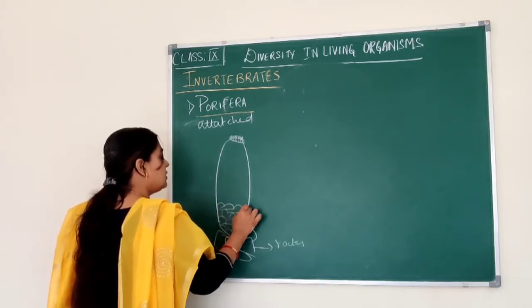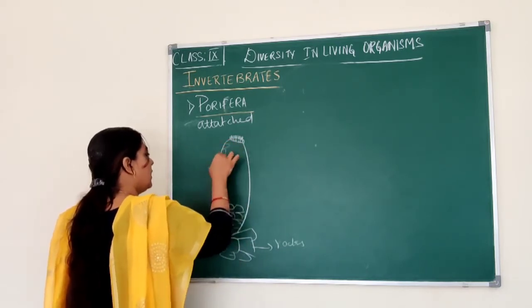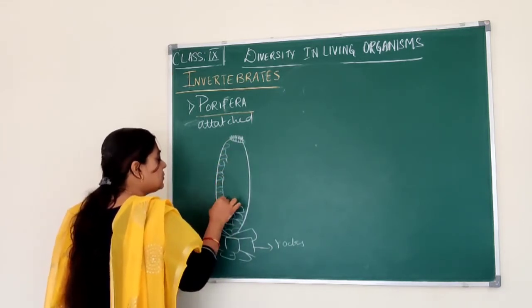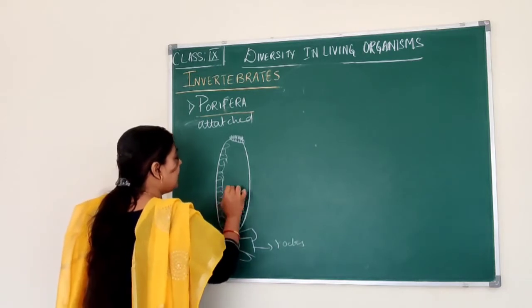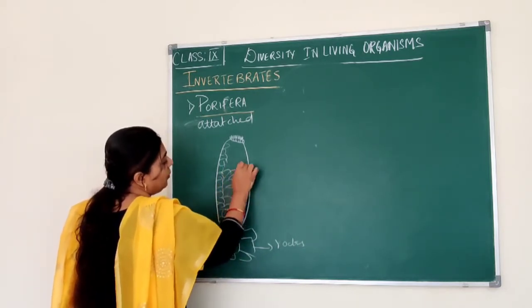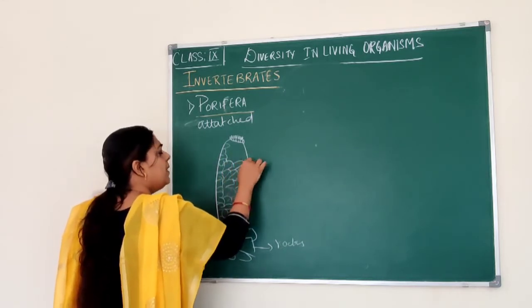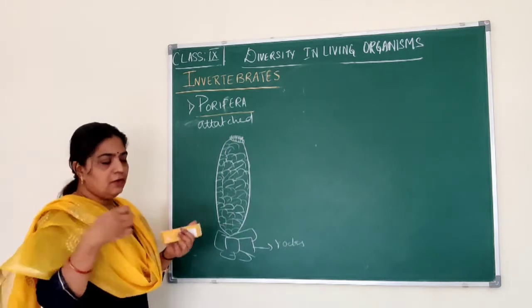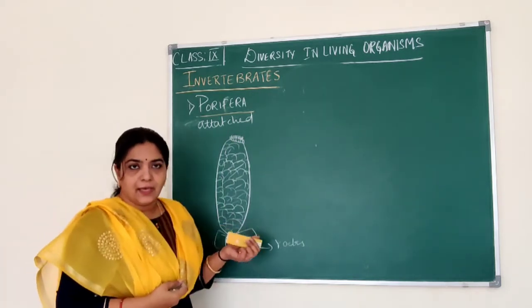So this is how sponges look externally. Now let me explain how exactly it is made from inside, because I have told you the body is made up of many tiny holes. So this is the external view of the sponge, Sycon.